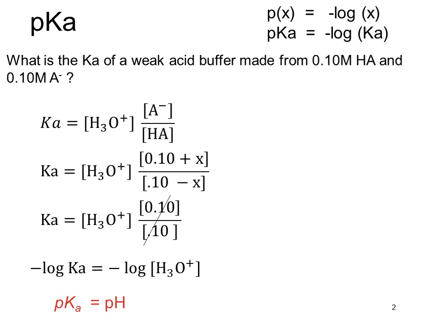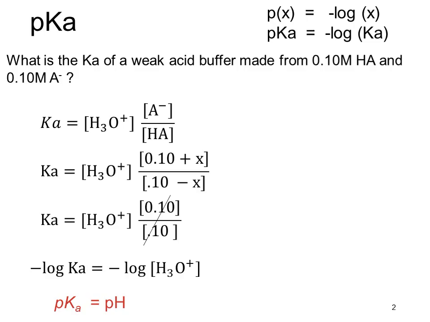So, for example, we have a buffer system with HA and A minus, just some generic acid. So we could write Ka is equal to the H3O plus times the A minus over the HA. Now, a good buffer is always going to have equal amounts of acid and conjugate base.